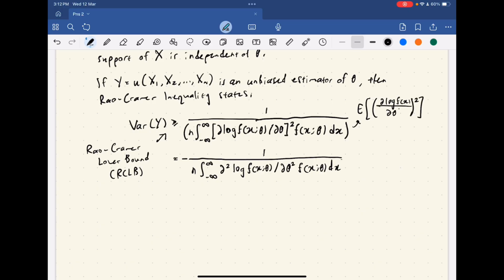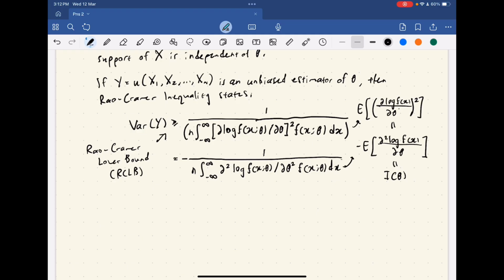This here, okay, and for this one it is just this, and both of these are equal, right? And they're just the Fisher information. This is simply the formula of the Fisher information.